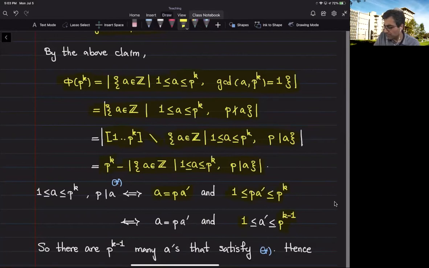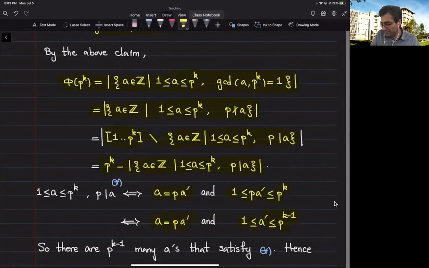Therefore, a prime is a positive integer, which means it is at least 1, and it's at most p to the k divided by p, which is p to the power k minus 1. A prime can be any integer in this range, and if I multiply that integer by p, we get a multiple of p in the range that we are interested in.